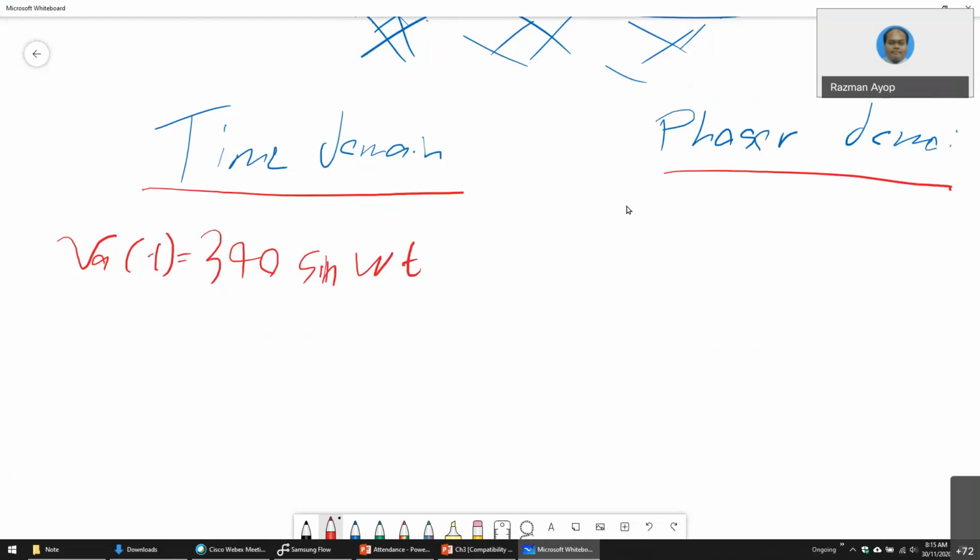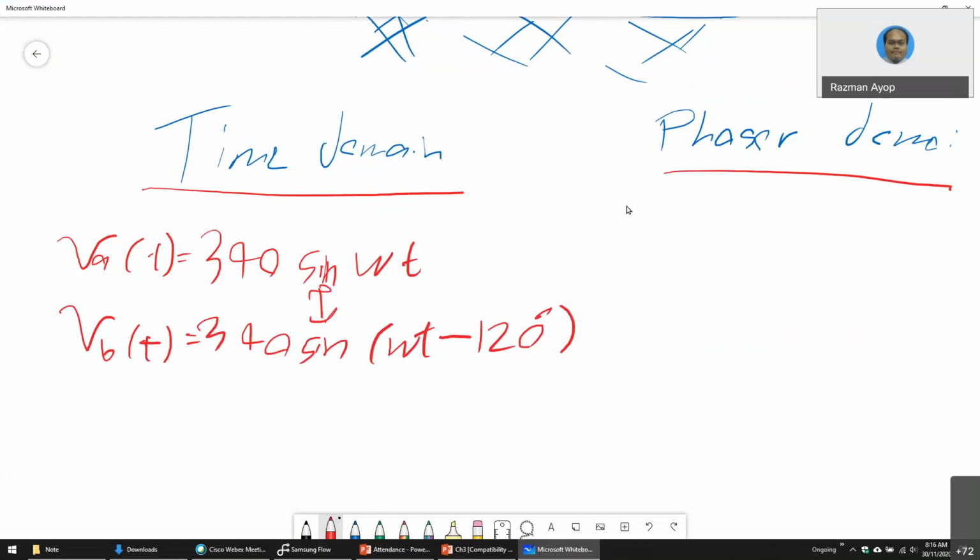And yellow, I don't have the color yellow, VB is 340 sine WT. Make sure this one and this one are the same. If you use cos, use cos. If you use sine, use sine. Minus 120. And make sure you use clockwise.